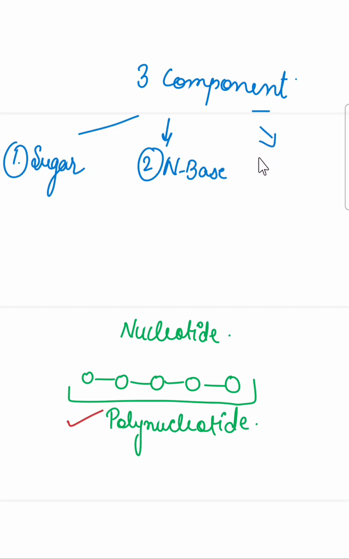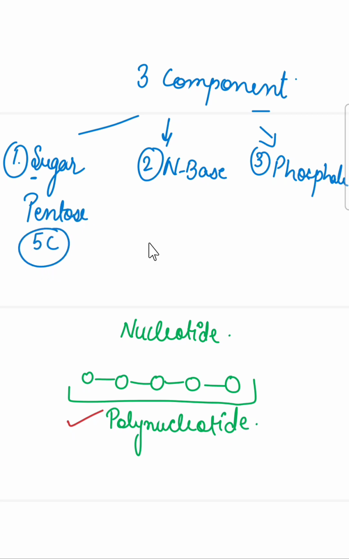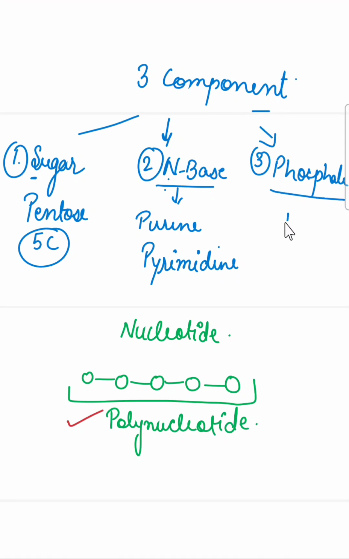And the third is phosphate. So sugar: we have pentose sugar, that means 5 carbon sugar in our DNA. Nitrogenous base, as the name suggests, is the base in which the nitrogen group is present, and it is of two types. First is purine and second is pyrimidine. And phosphate is phosphate, PO4 2 negative.